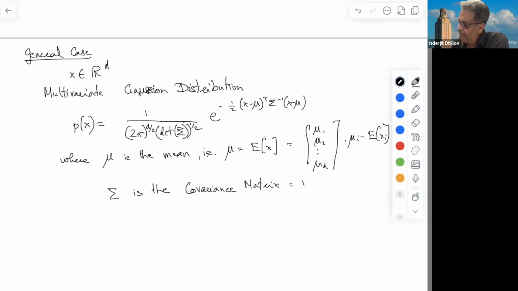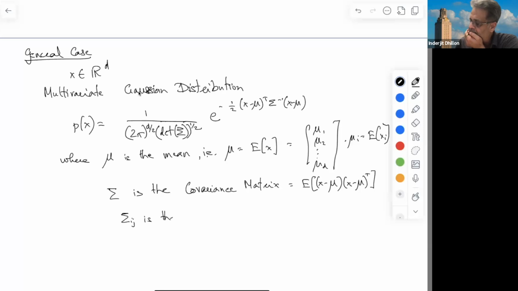That is, it's defined to be the expectation of (x minus mu)(x minus mu) transpose. In particular, sigma ij is the covariance between xi and xj.